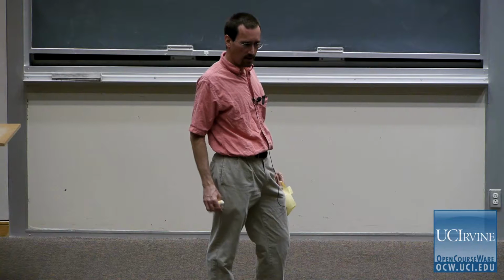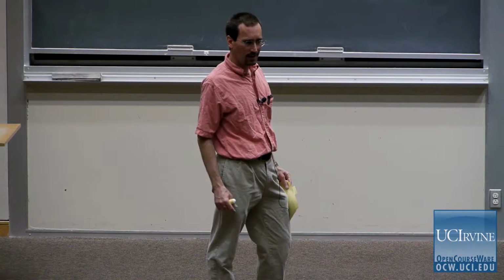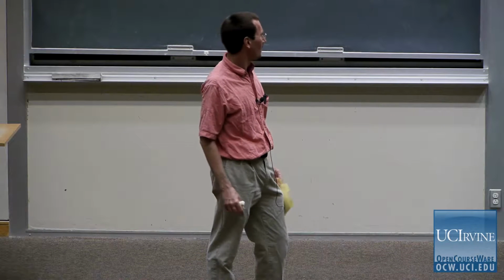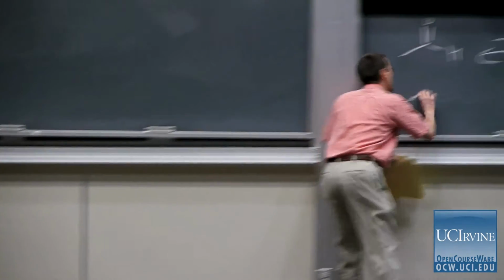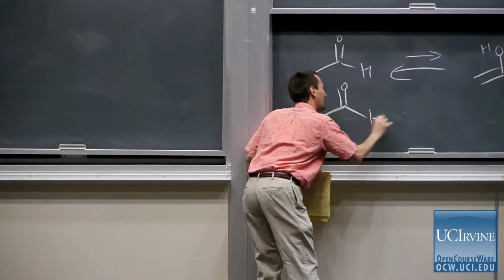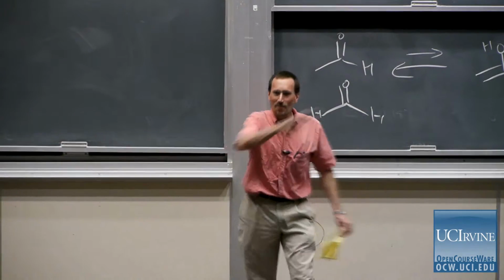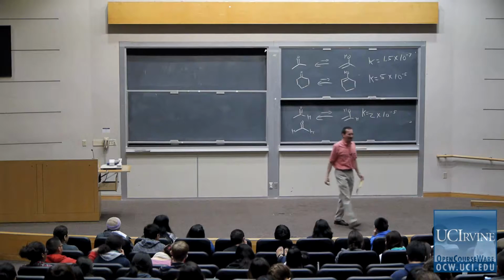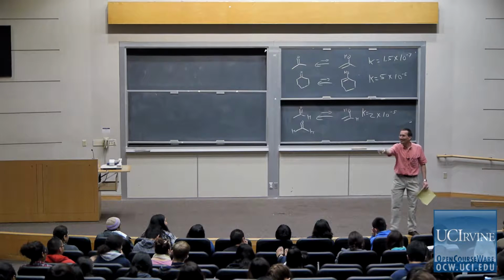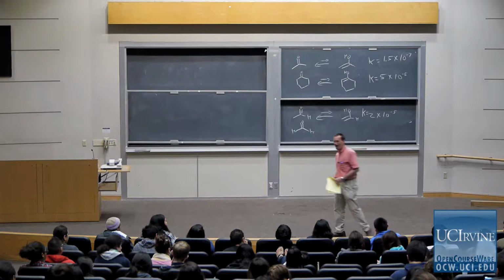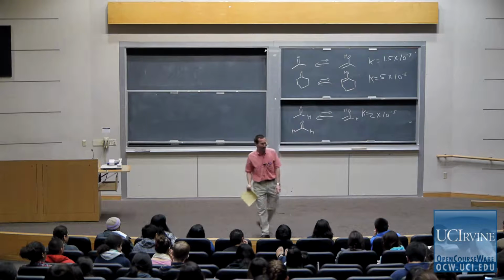So does formaldehyde have more of the enol form because it's unstable? All right, who wants to answer this question? Someone. Enol form of formaldehyde. Can't. No alpha carbon on formaldehyde.